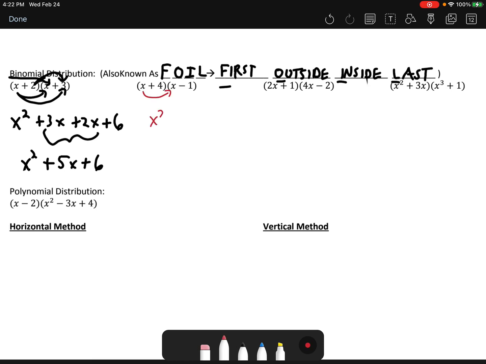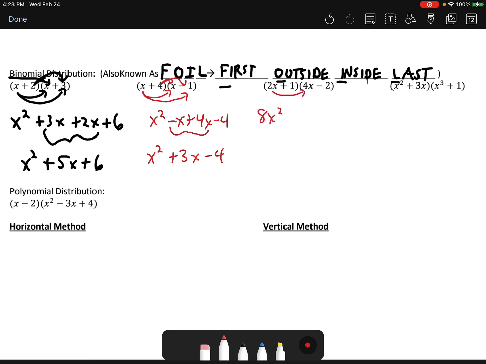Okay, you're back. So here we go. X times x, first, outside, inside, last. All we do is multiply. Remember, positive times negative is negative. So we have x squared. Those combine to 3x minus 4.